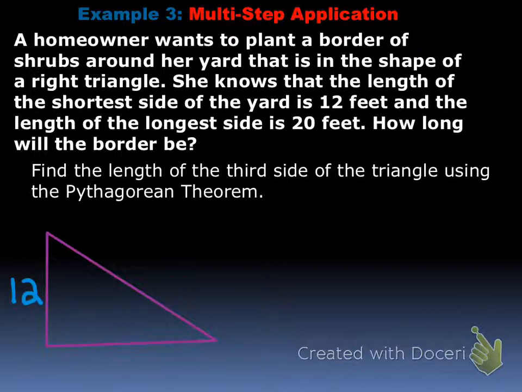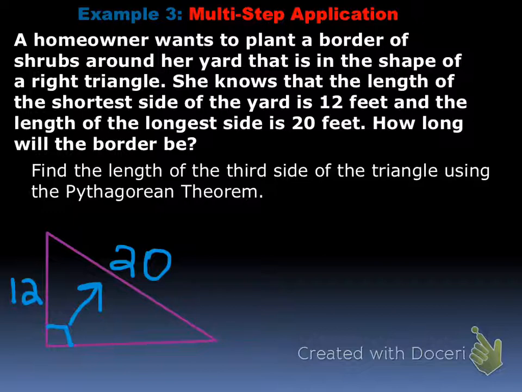But here it says that the longest side is 20 feet. And if you remember about the properties of a right triangle, the longest side is always going to be the one opposite the right angle. So that's going to be our c, or our hypotenuse, which is the 20.